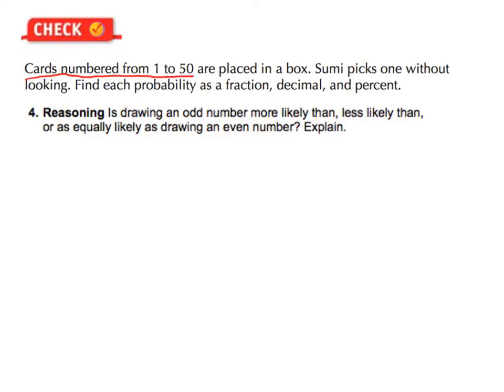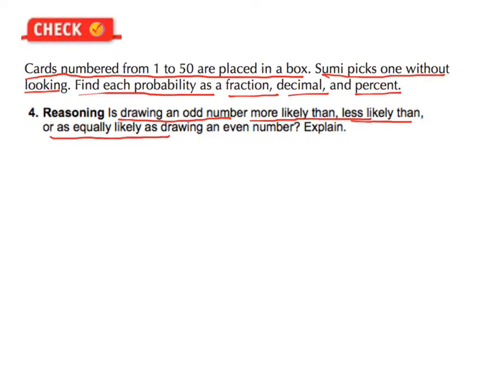Cards numbered from 1 to 50 are placed in a box. Sumi picks one without looking. Find each probability as a fraction, decimal, and percent. Reasoning. Let's see. Is drawing an odd number more likely than, less likely than, or as equally likely as drawing an even number?